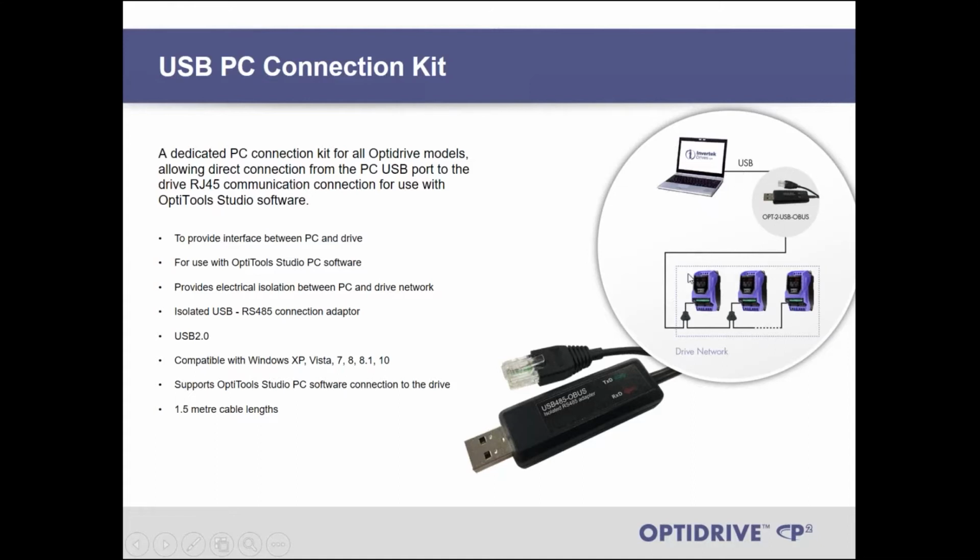For example, if you have a network connected through splitters, as you can see here, you will need only one PC connection cable, but also if you have the OptiStick Smart, you will need only one to communicate to all the drives in your network. You only need one of them. I hope this is clear for you.